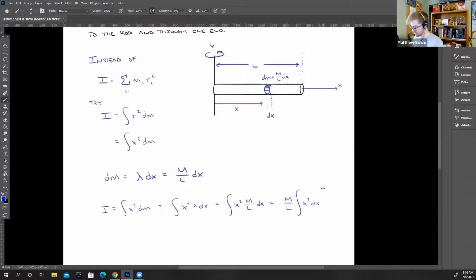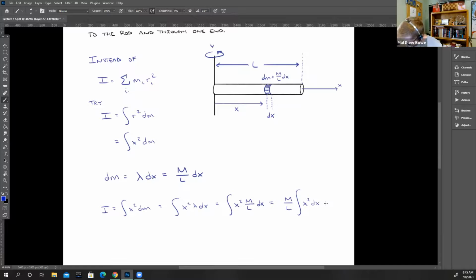Now we have this integration of the same variable. I've been forgetting to add the range of this.